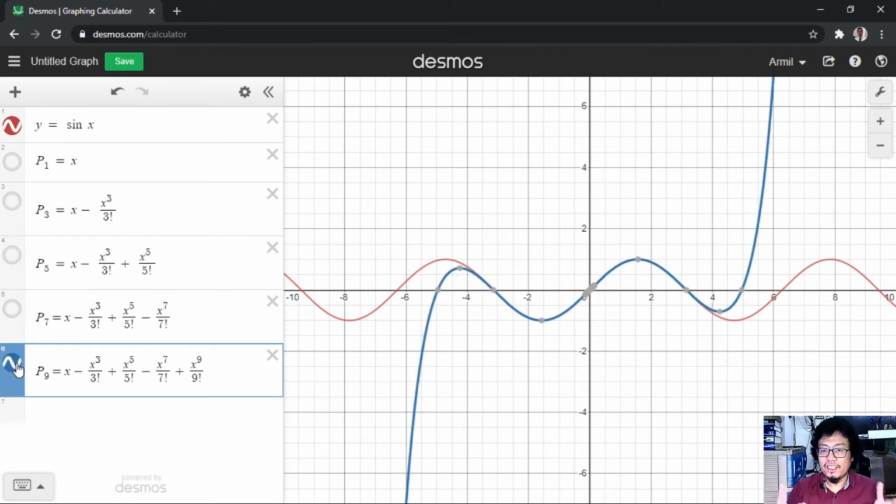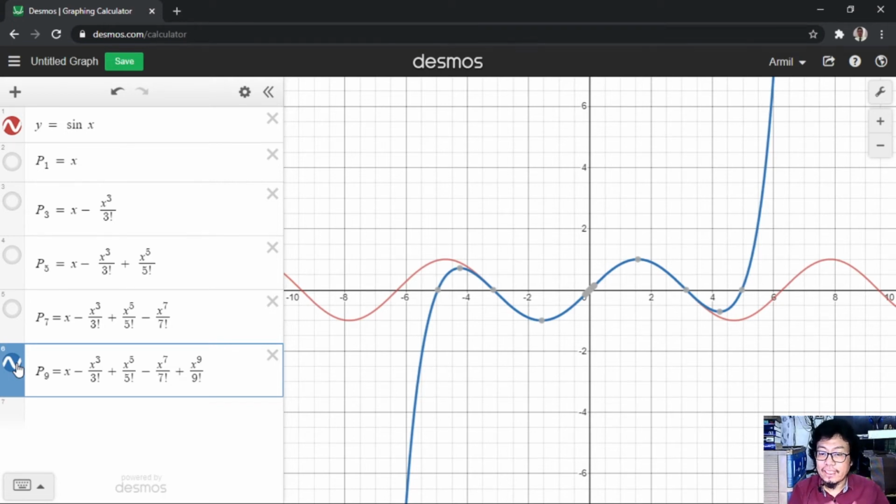As you can see, as you increase the number of terms, the polynomial is shaped more and more like the sin x function.